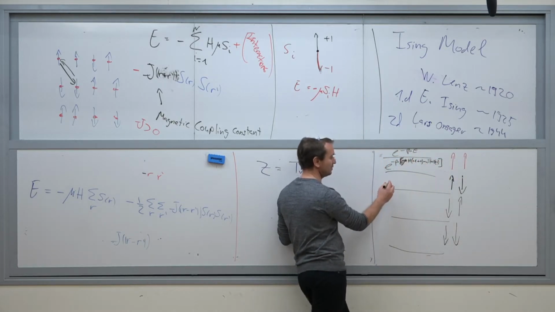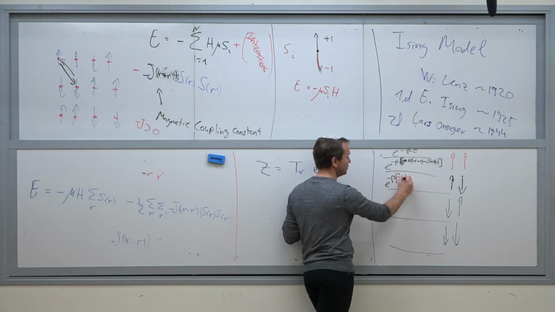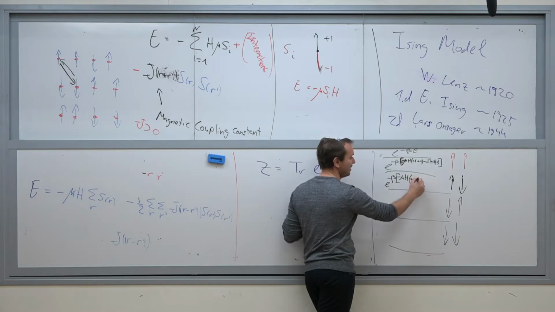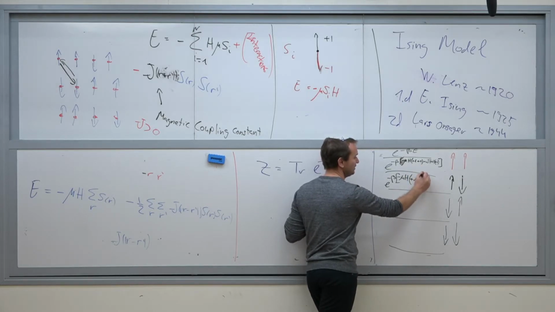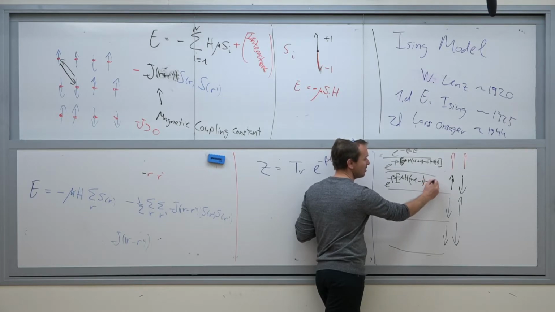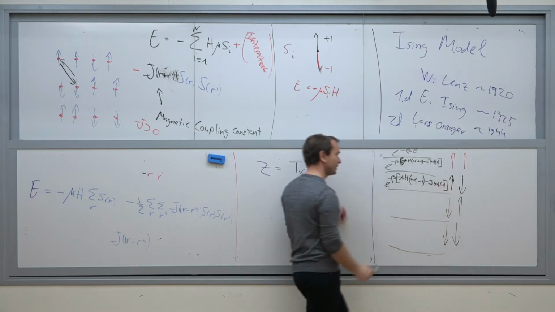The second term will give us e to the minus beta times minus mu h. Here I have the first spin is plus 1, the second spin is minus 1, and here I have minus j multiplied by plus 1 and minus 1. Okay.